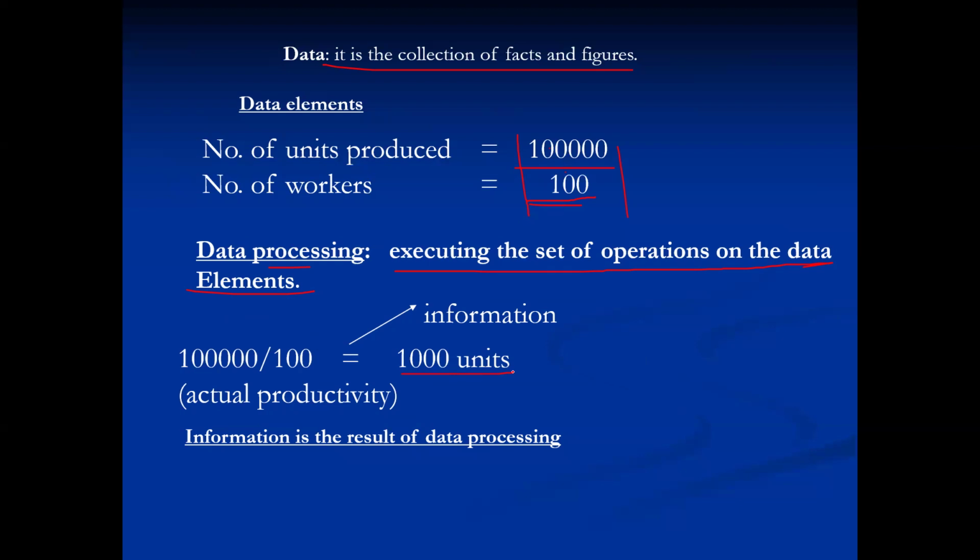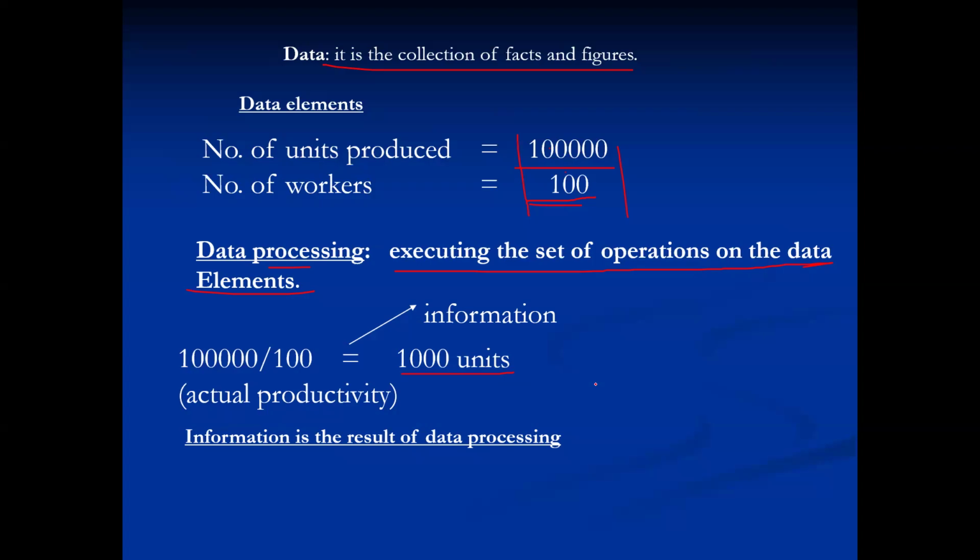And this is called information. Now, what is the information? In the month of March, you produced 1,000 units on average per worker. Now, how is this information used by the production manager to analyze performance? For every performance indicator in real-time organizations, we have standards and targets.